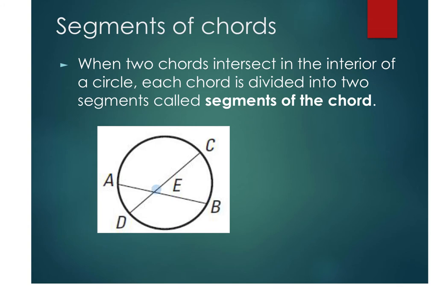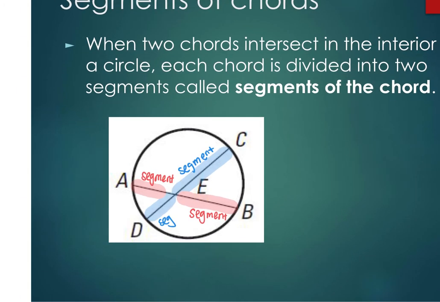For example, EC is going to be one segment, ED will be the other segment, AE will be one segment, and EB will be the other segment. So this is actually 4 separate segments, okay?